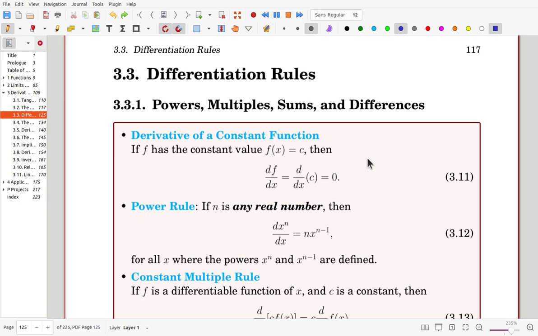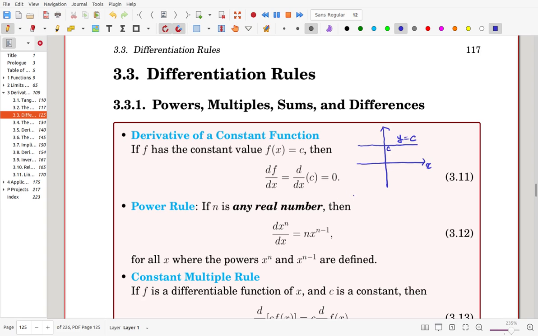The derivative is the slope of the tangent line to the curve, so geometrically we can easily see that once a function is constant c, that is y equals c, then the slope is always 0, so the derivative must be 0.